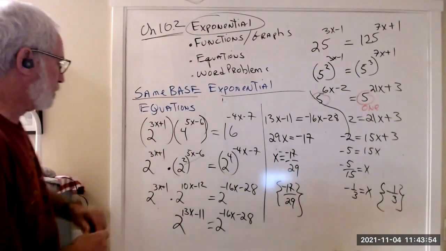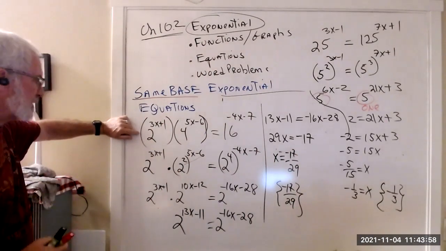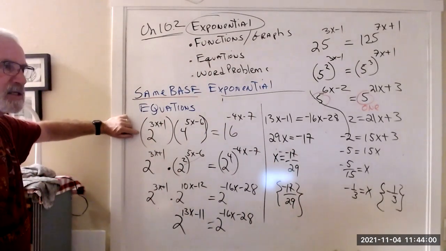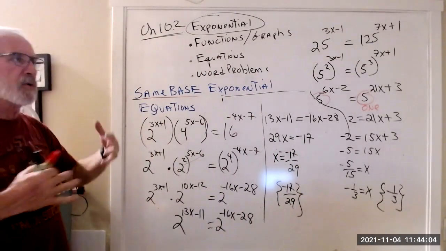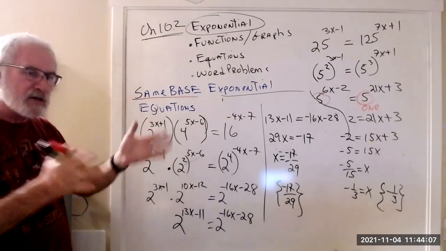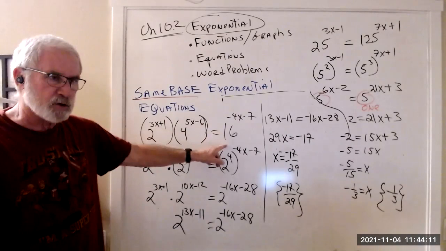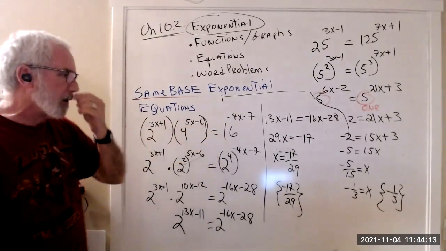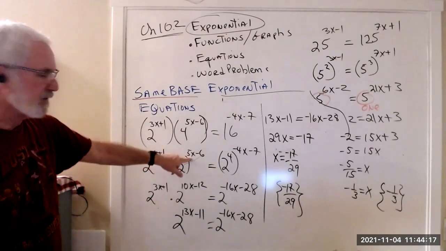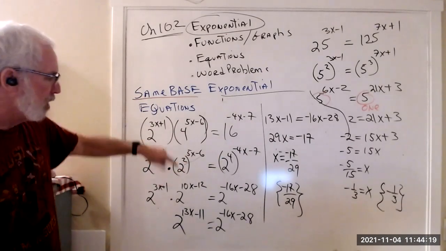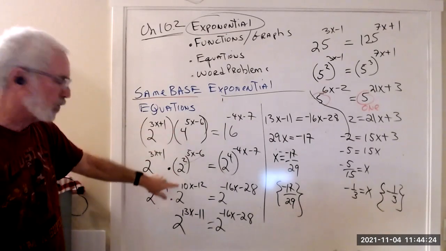So this problem here is another example of you needing to look inside the bases and ask, what number do they all have in common? What base can I break them all down to? And it was always base 2, base 2, base 2. So I start with 2 to the second to the 5x minus 6. I remember my rule. When you have a power raised to a power, you keep the base, you multiply the powers.